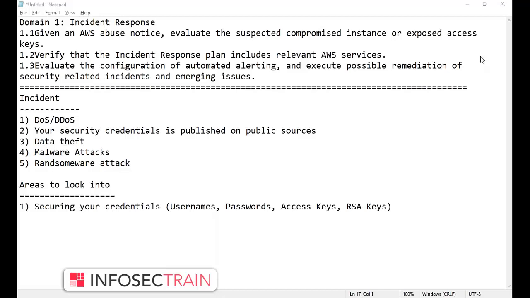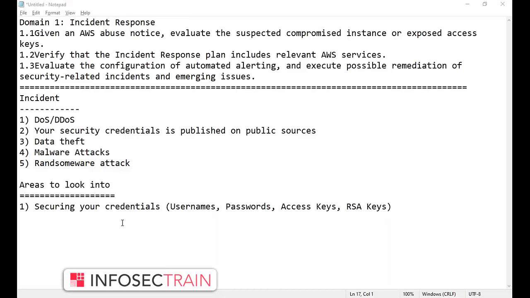This is the thing we have to learn in depth when you're working as a security person for AWS or any other cloud provider: securing your credentials. As I told you, in AWS, in a single account itself we can create multiple users with the service called IAM, Identity and Access Management. For example, if I have 1,000 users in my company, I can create 1,000 user accounts in a single AWS account.